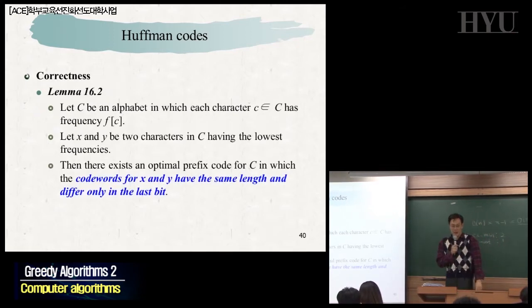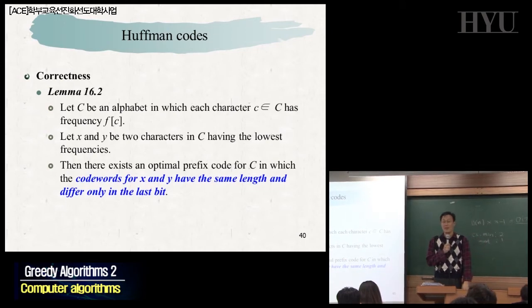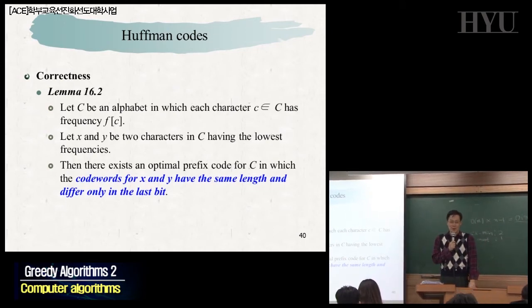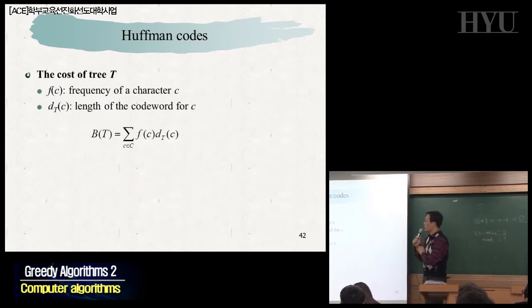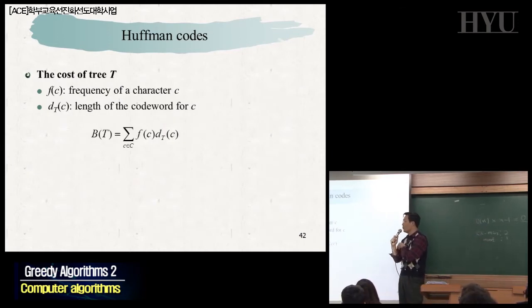And let's talk about the correctness of this code. Before I explain this, I will clarify this notation. I will explain the cost of a tree.